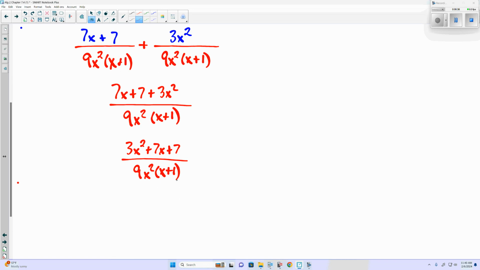Now at this point here, we need to see if we can factor the numerator at all, if there's a greatest common factor, if we can do two sets of parentheses. And at this point here, 3x squared plus 7x plus 7 is in its simplest form. There is no way to factor this down any further. So this here is our final answer.